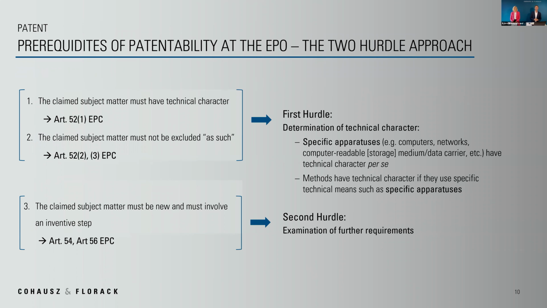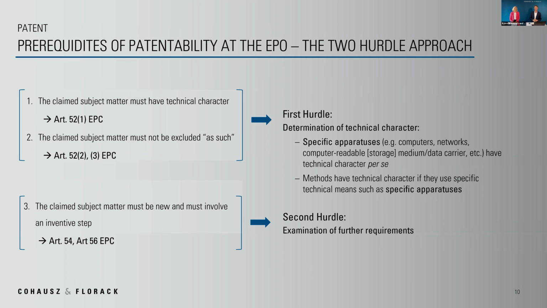The first hurdle is that the claimed subject matter must have technical character. And this hurdle is quite easy to overcome. It just means that you need specific apparatuses involved.